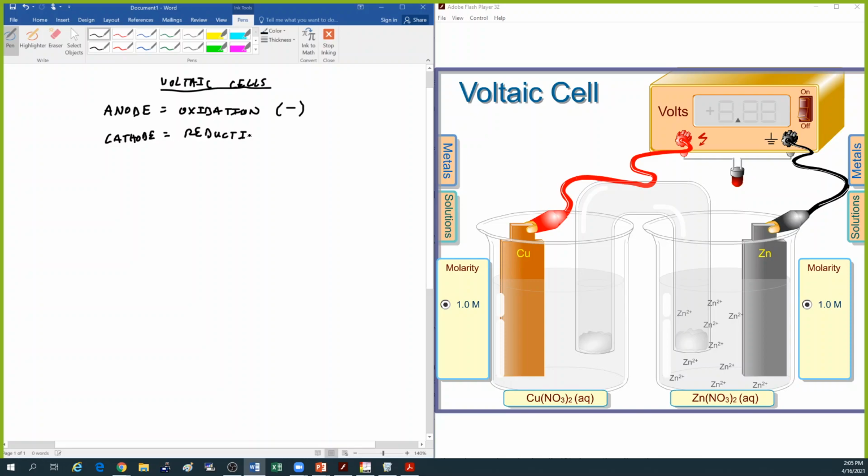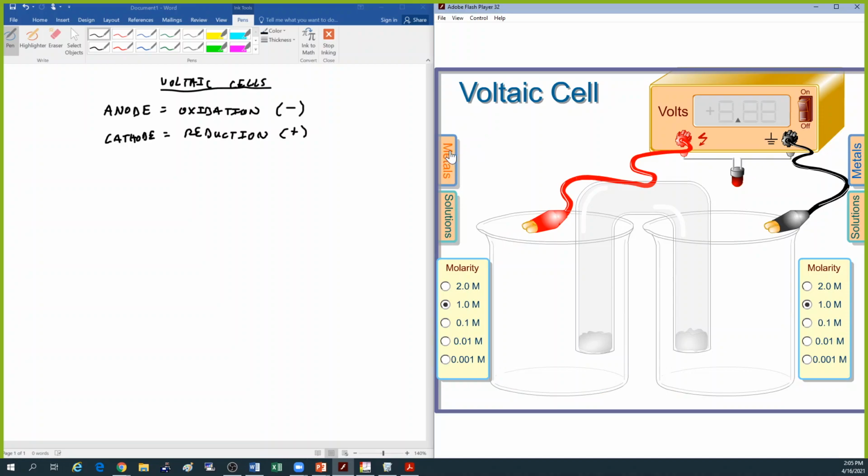And in the voltaic cells, that's going to be the positive terminal, and you can see that here. The negative side is usually the black wire, and the positive is the red wire. And you can see that we get the voltage to be positive when we do it the right way. So this is always true, and we have that mnemonic: An Ox, like the animal, and Red Cat, or red cat, if you will, like the other animal, just to help you remember that pattern.